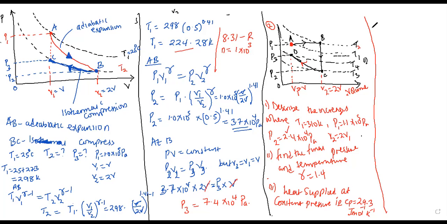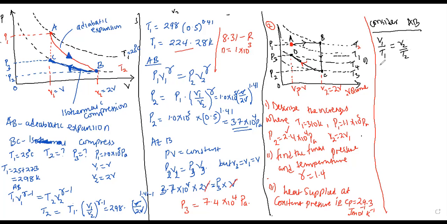So in the beginning, if you consider AB, it's occurring at a constant pressure, whereby you can use Charles's law, which is V1 over T1 is equal to V2 over T2.